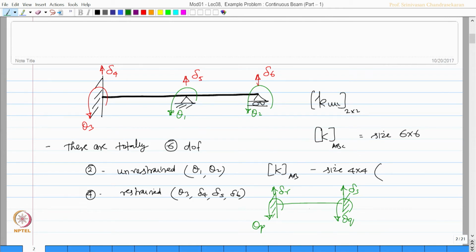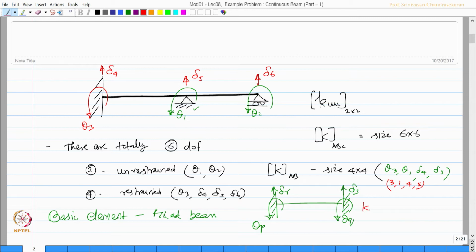I already said, even though the support B is simply supported, for us the basic element is a fixed beam. Okay. So, therefore, the labels for the KAB will be theta 3, theta 1, delta 4 and delta 5. Okay. That is, the labels are 3, 1, 4 and 5.